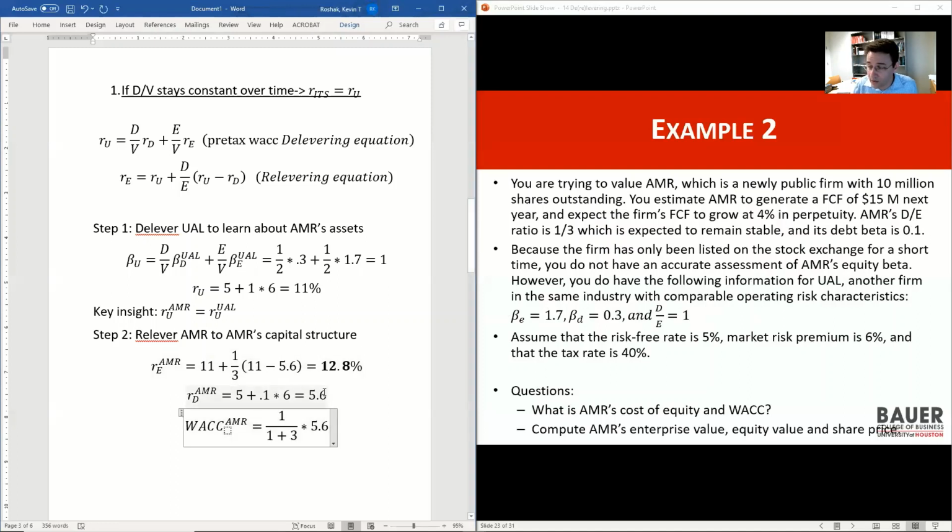And we're given a tax rate of 40%. What is equity over value? Well, if debt is 1/4, then equity is 3/4. And then we have the discount rate on their equity of 12.8%. So you put all that together to get their weighted average cost of capital. That gives us 10.4%.